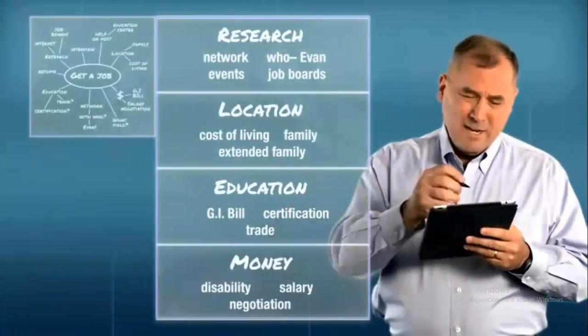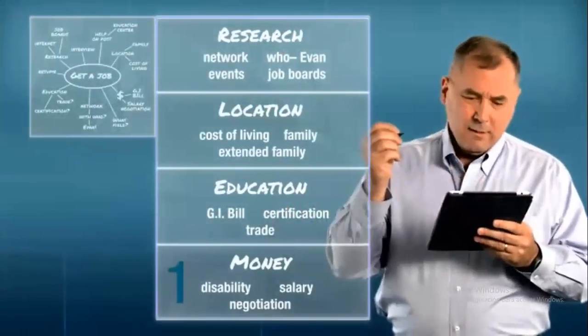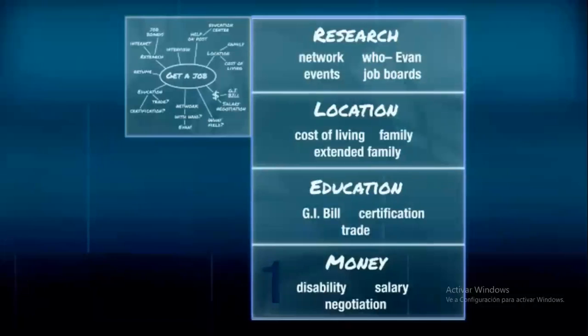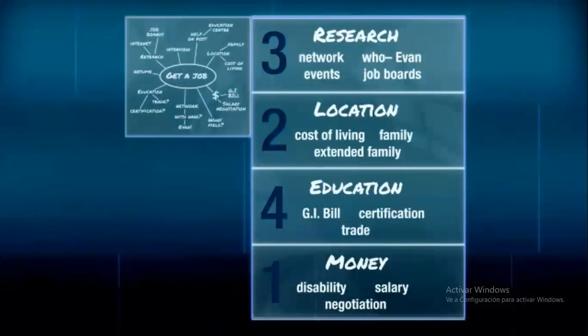So I think salary would be number one. Second would be location. My kids have gotten used to where they've grown up, and that's what I would consider next. Third would be research, because I need to do a lot of research. And fourth would be what education I would need.